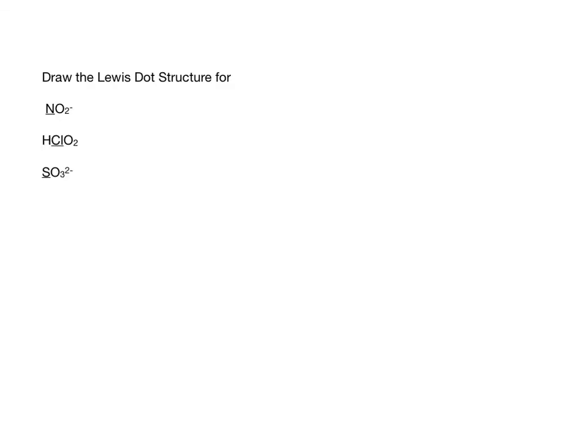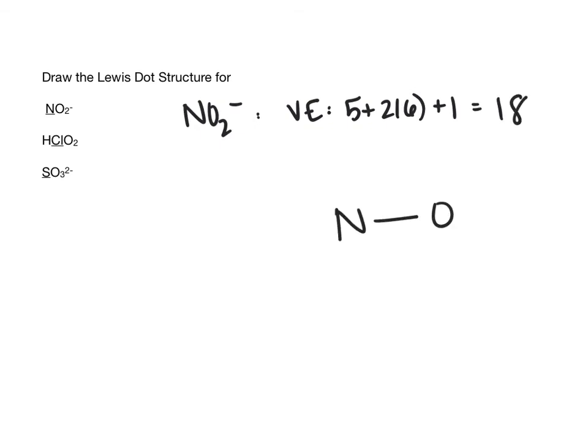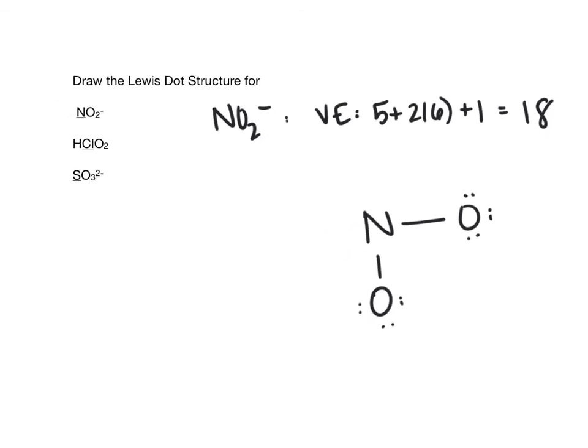So let's look at a couple other examples. For NO2-, the number of valence electrons is 5 plus 2 times 6, plus 1, which gives us 18. We're going to put our nitrogen in the middle and connect our oxygens. So now we have 8 plus 8 is 16.